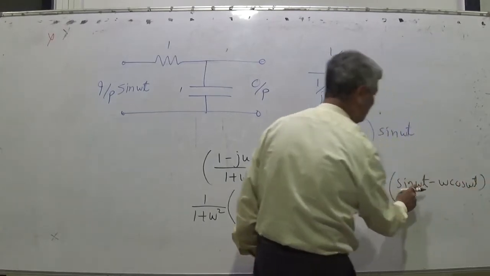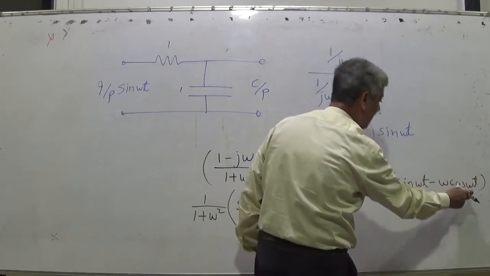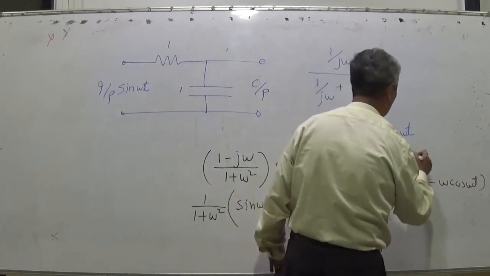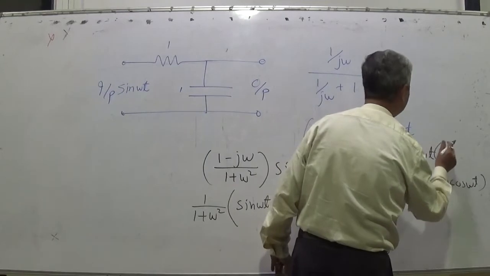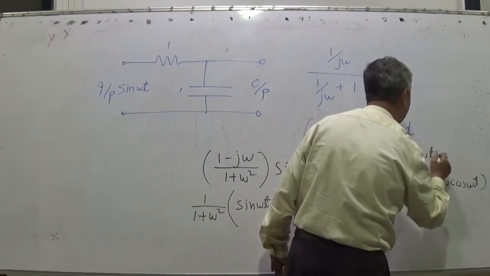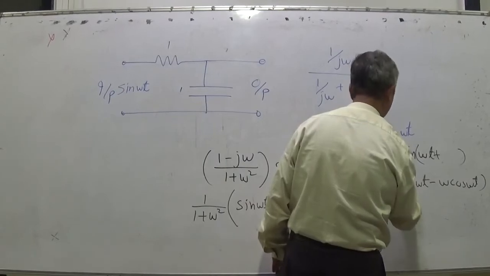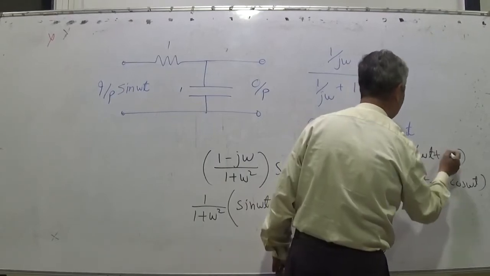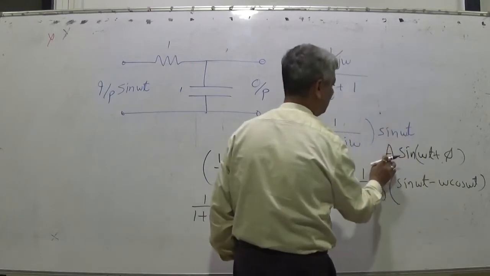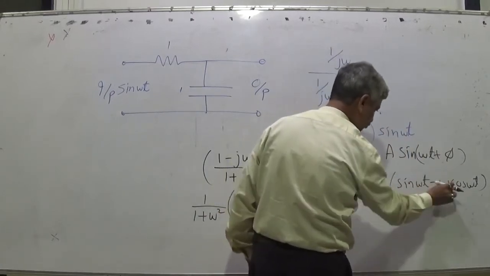This will always be something like A sine of (omega t plus phi), so A and phi depend upon these coefficients.